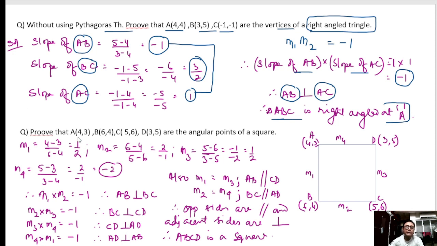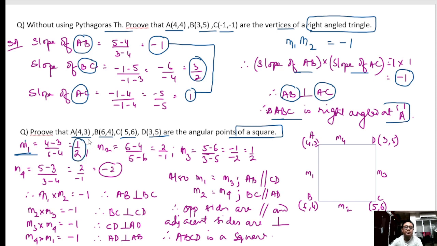Next, prove that this coordinate, this coordinate, this coordinate and this coordinate are the angular points of a square. They make a square. So first of all, let us see the figure. This is a square. Let us give the coordinates. Now slope of line AB, which is M1, so M1 is how much?